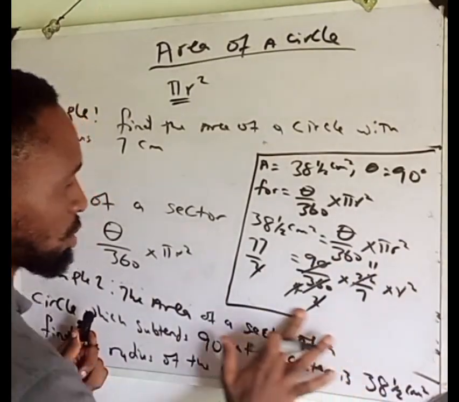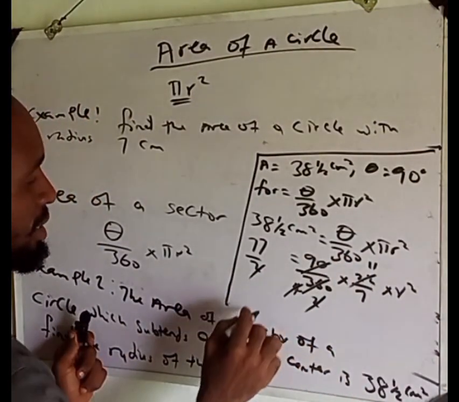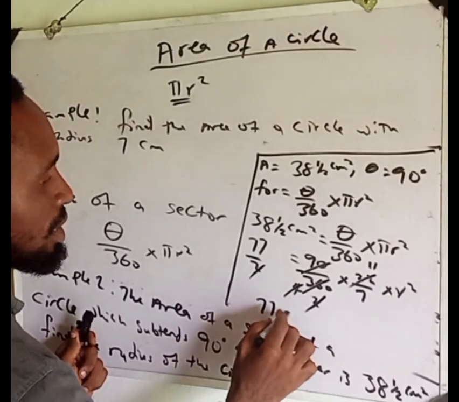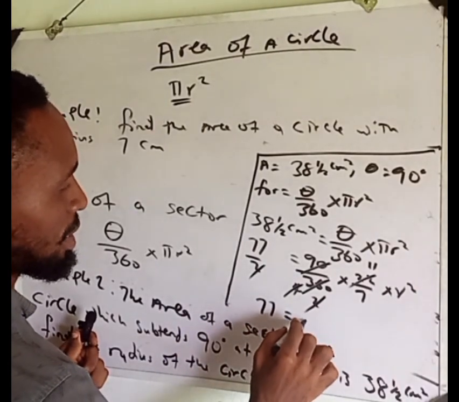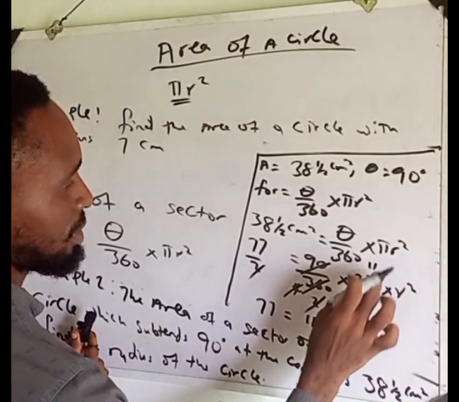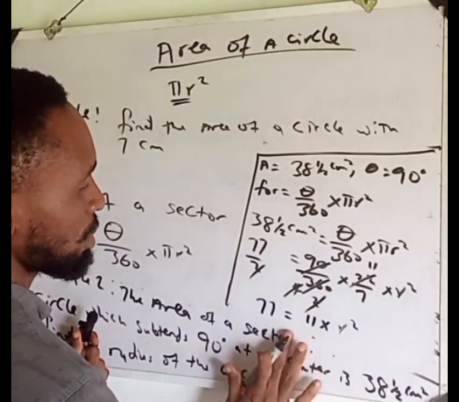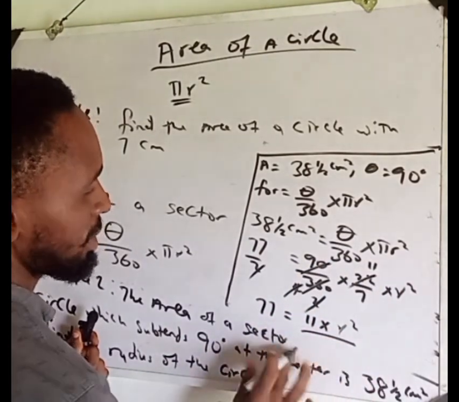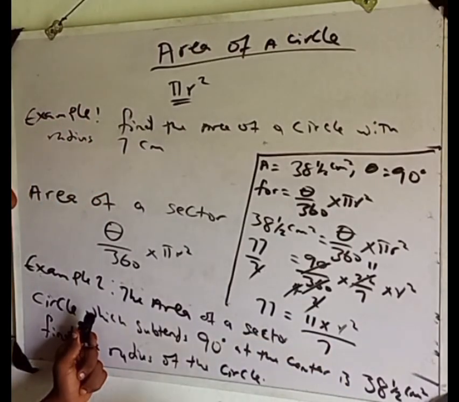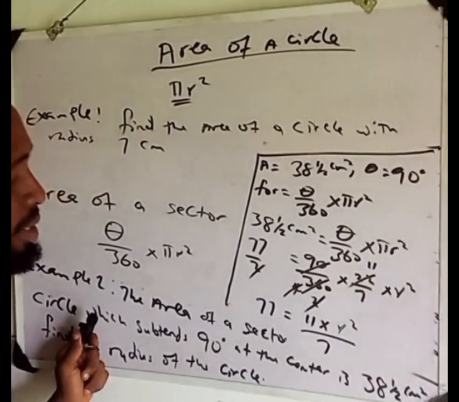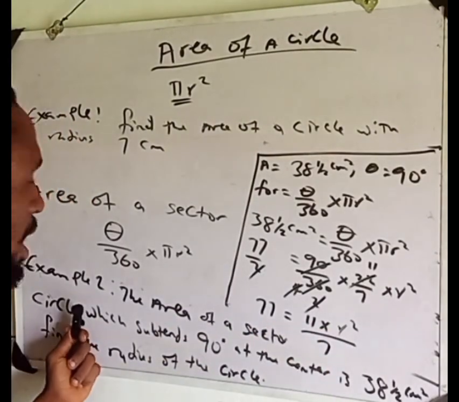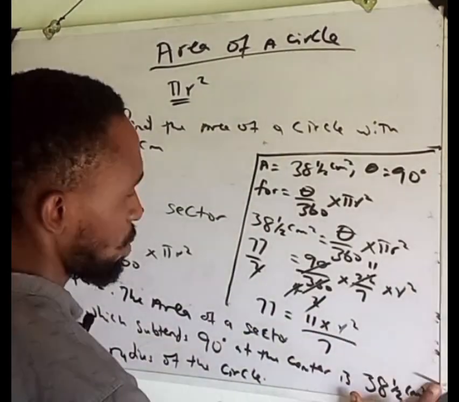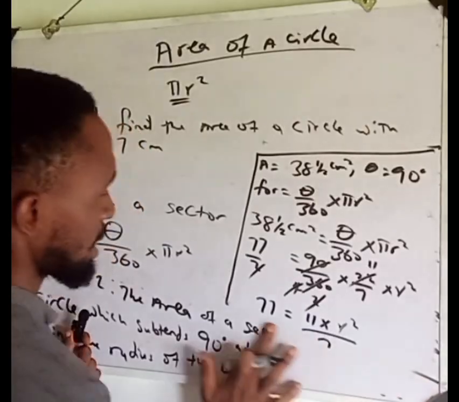So having that already, we can have that 77 over 2 is equal to 11 times r squared all over 7. Is that okay? Sorry, I'm going to clean this part so that I can solve further.